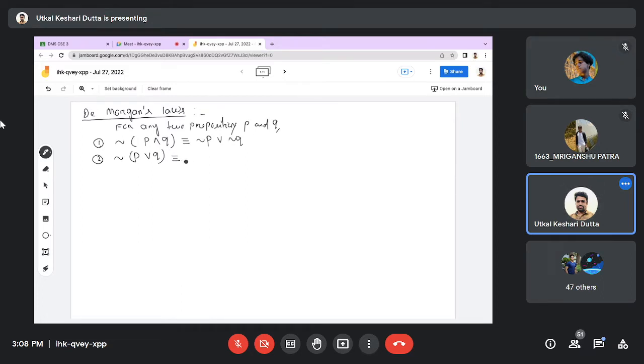Negation P and negation Q. These two equivalent statements are called De Morgan's laws.